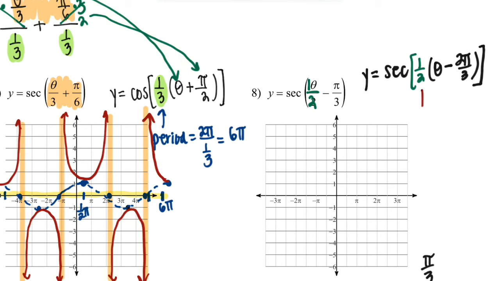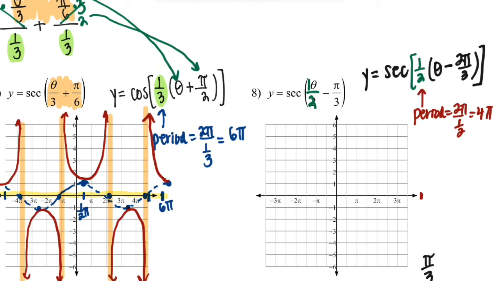The period is 2 pi divided by 1/2, which is 4 pi. So 4 pi is going to be right about there. But we're shifting over 2 pi over 3.